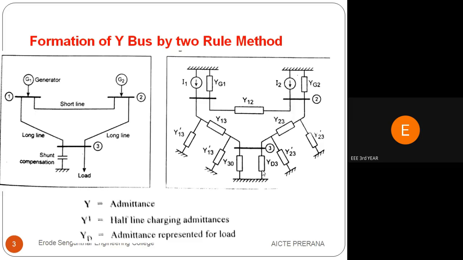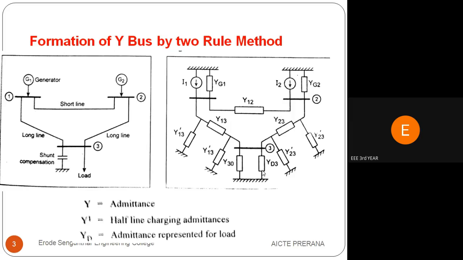Before going to the topic, what is admittance and what are the uses of admittance? Generally, the power system has two elements, that is admittance and impedance. The Y bus admittance matrix and Z bus impedance matrix find applications in many power system planning and operation studies.